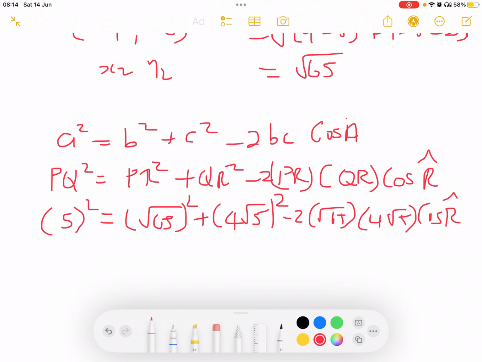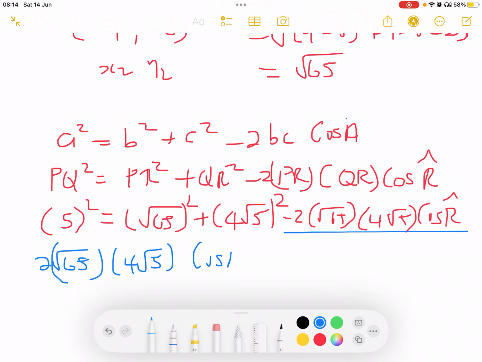Now, since this one is the negative one, we move it to the left, and we're going to get 2 root 65 times 4 root 5 cos of angle R equal to square root 65 squared plus 4 root 5 squared minus 5 squared.